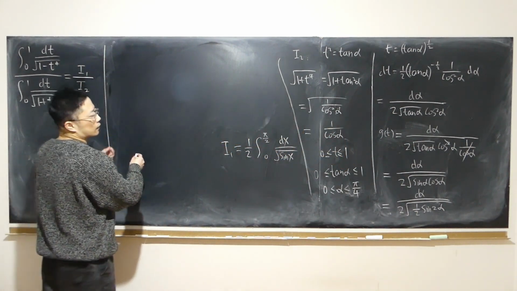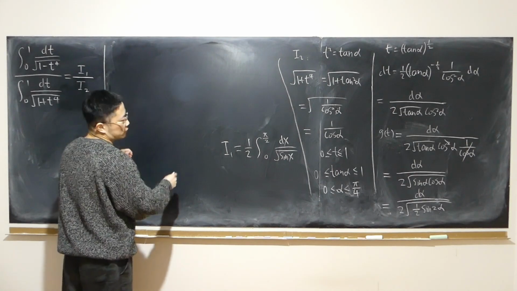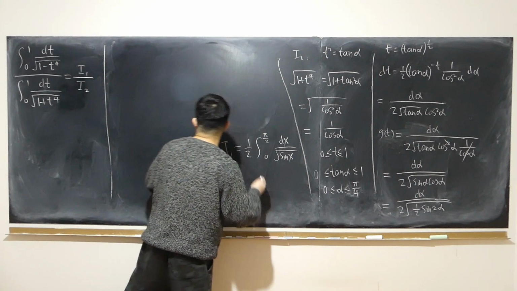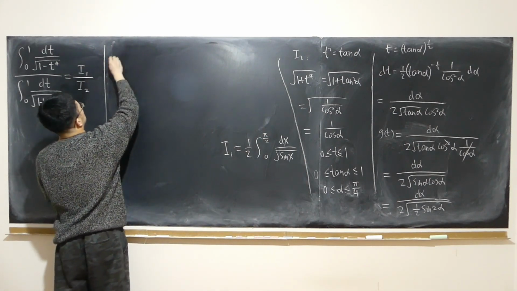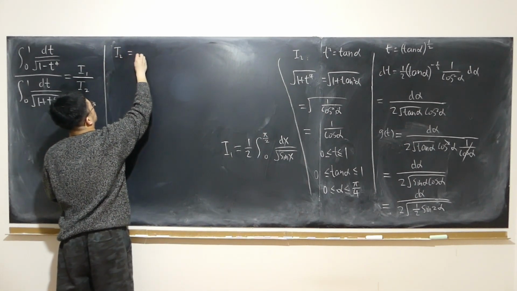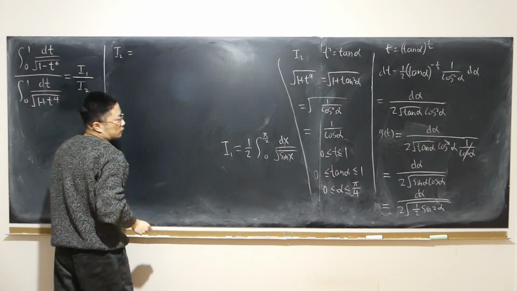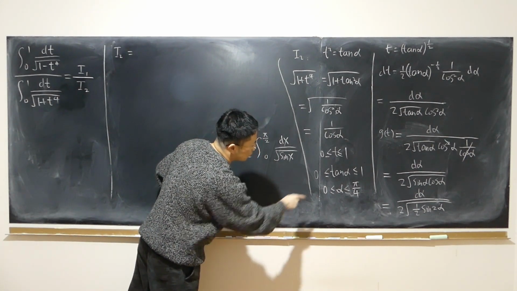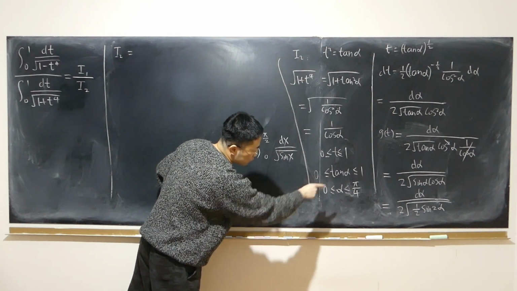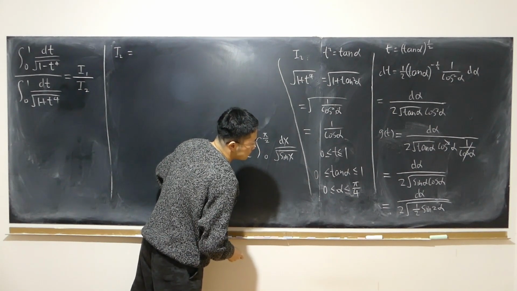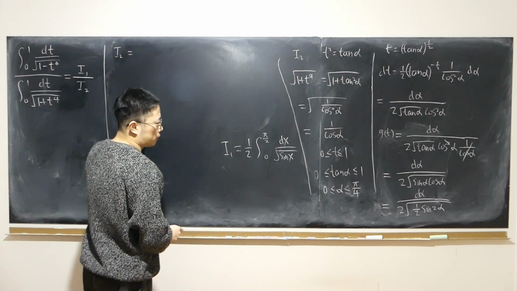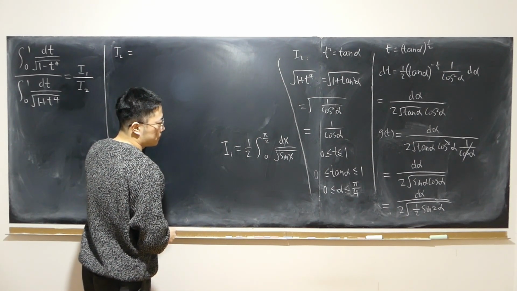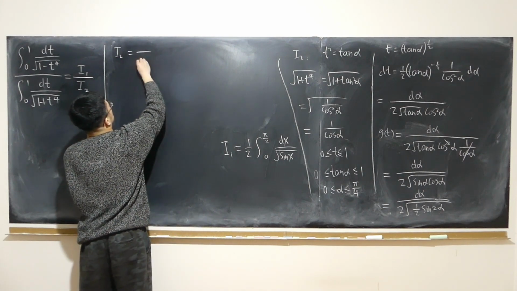So of course, change the boundaries: old boundaries this, new boundaries that, like I said. So my second integral is equal to, I'm going to take out the constant first. What's the constant? Half, and also the square root of 1/2, which should be equal to square root of 2 at the bottom.